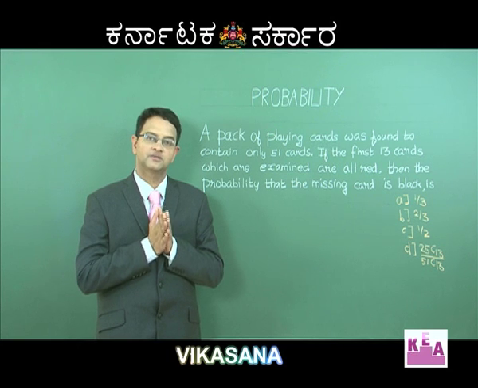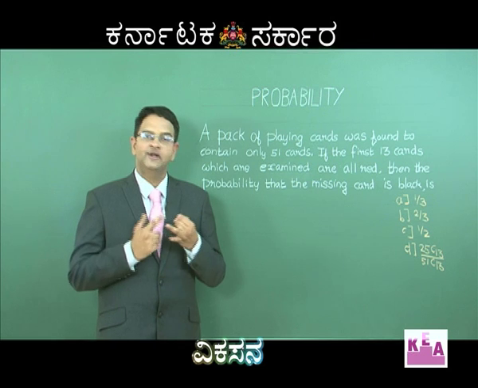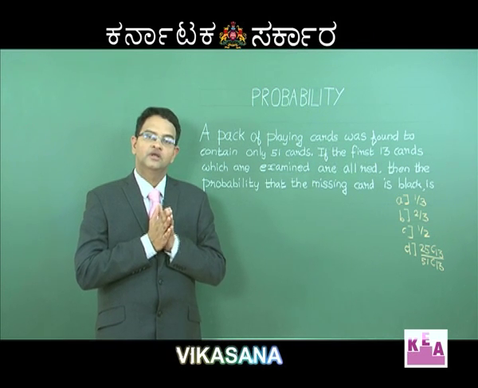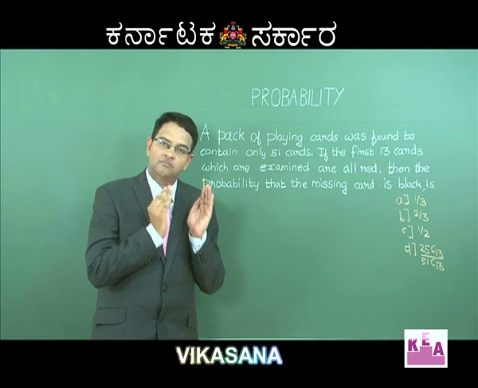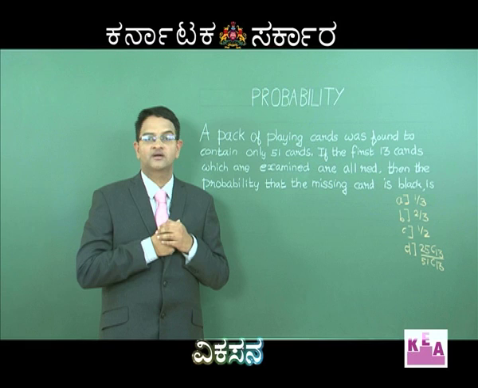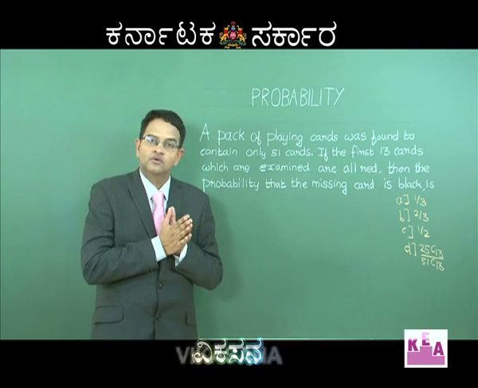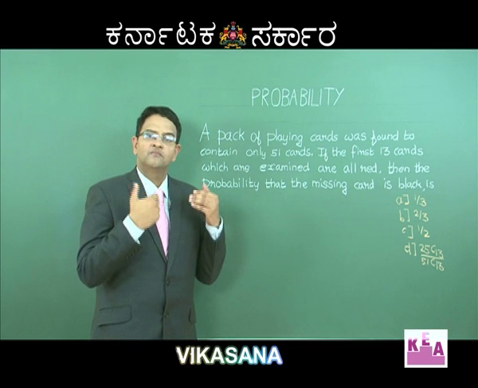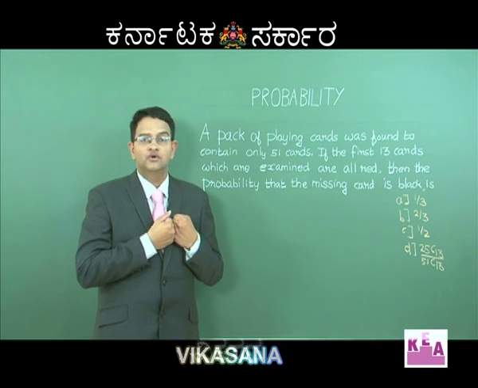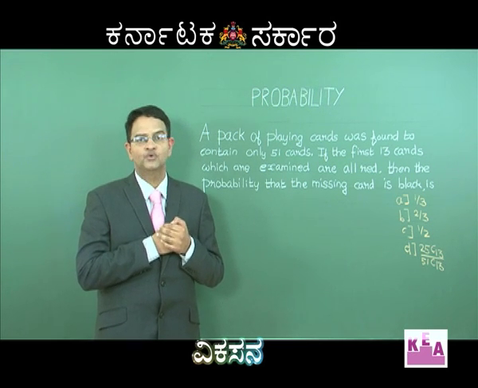The first thing is, the missing card could have been black or red. So there are two options with us. If the missing card had been black and then we are drawing 13 red cards, then the respective probability would be 1 by 2 multiplied by the probability of selecting 13 red cards, which would be nothing but 26C13 divided by 52C13.